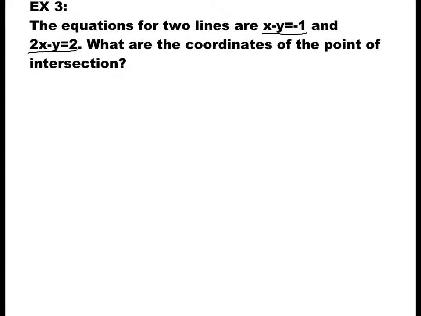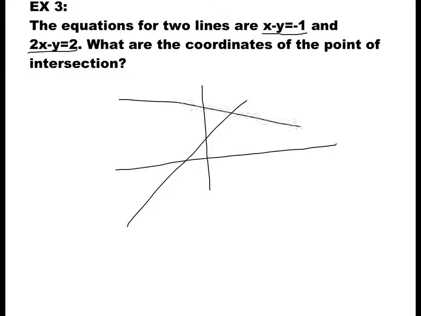Now, to understand what exactly a point of intersection is, I'm going to draw two lines here. They intercept at this point. This is called point of intersection, or POI. So for this example, I have to draw these two lines, and then I have to find out by inspection what the point of intersection is.